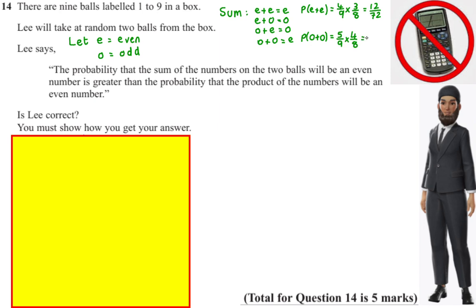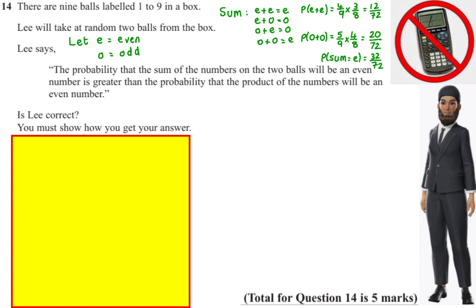If you multiply that through, that should give you 20 over 72. Now, if you sum these two up together, you'll end up with the probability of the sum being even, and that would give us 12 plus 20, which is 32 over 72.